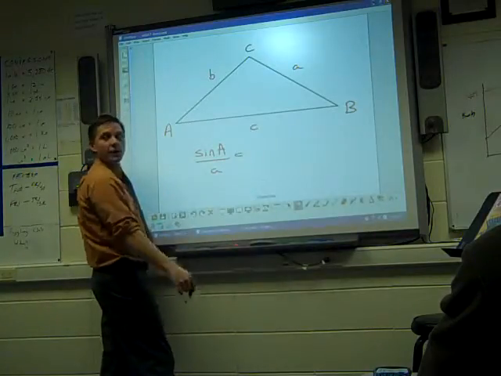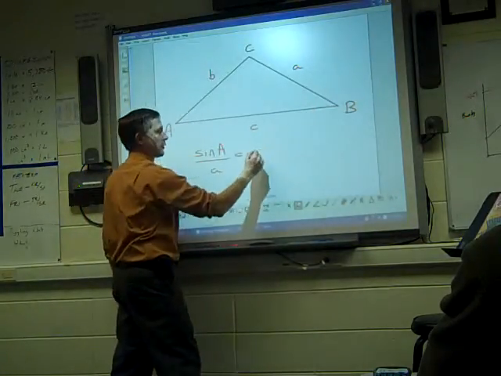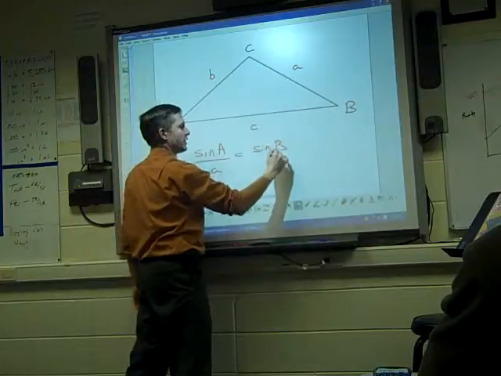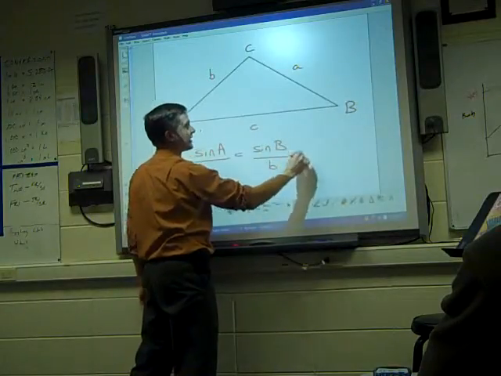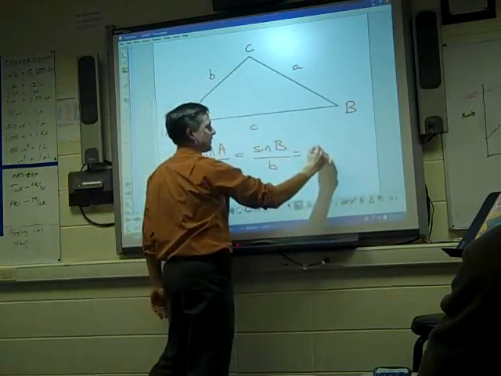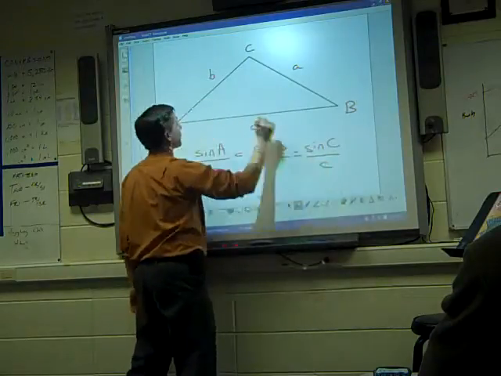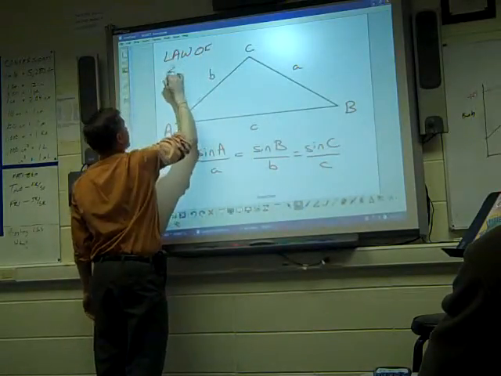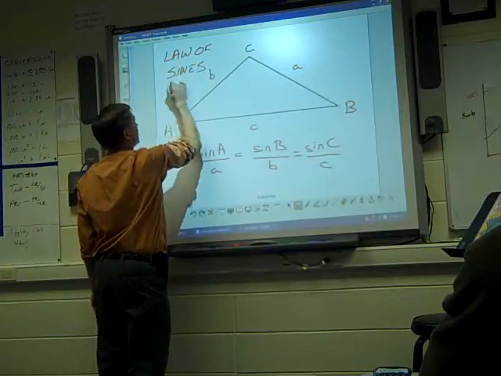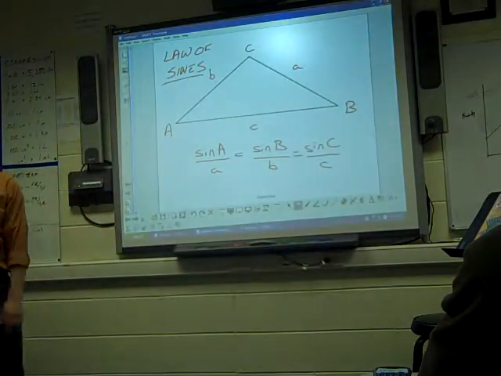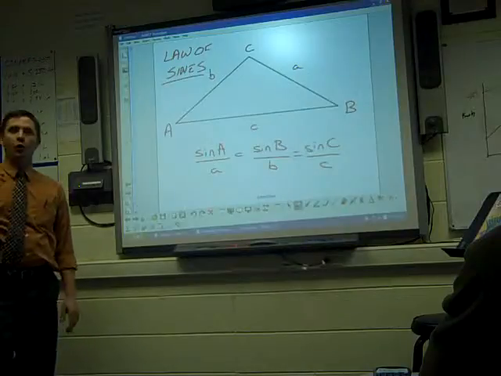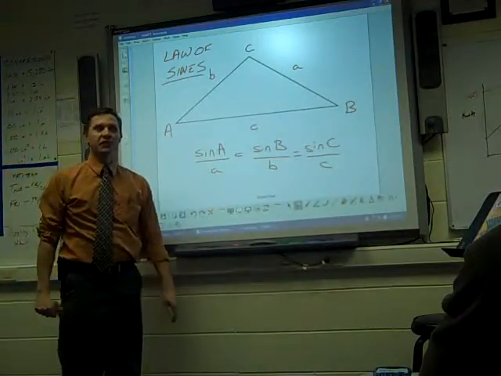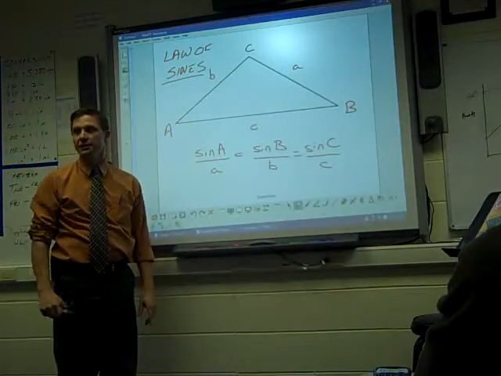And that's going to equal what? Well, let's go around the triangle. Sine of b over b. And that is equal to sine of c over c. And we have just done law of sines. And so when we get these triangles, instead of dropping the height, we can do this.